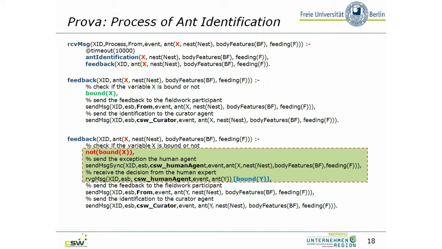But if the identification fails, which means x isn't bound here, the taxonomist agent needs to send the exception to the human agent.